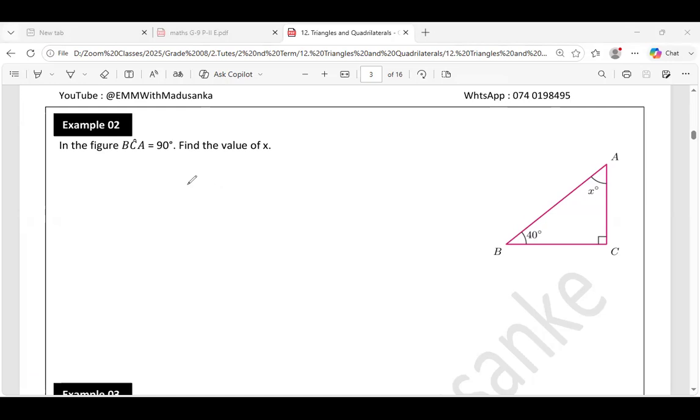Right. So here there is a triangle. You can see in the figure they are telling that angle BCA is 90 degrees.